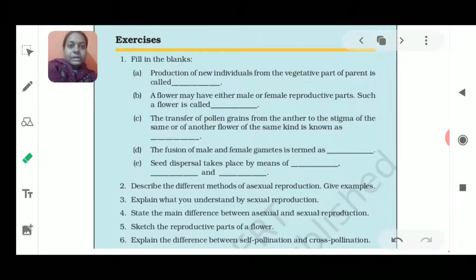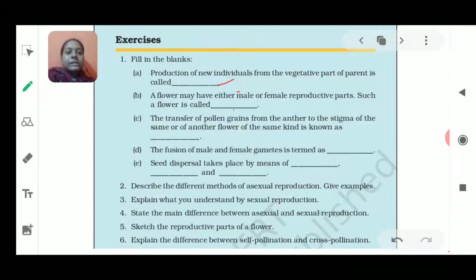Now after that, we discussed the question answers yesterday, though some of them are still left. We discussed the very first question, the fill in the blanks. The production of a new individual from a vegetative part of a parent is known as vegetative propagation. Flowers which have either male or female parts are known as unisexual flowers.